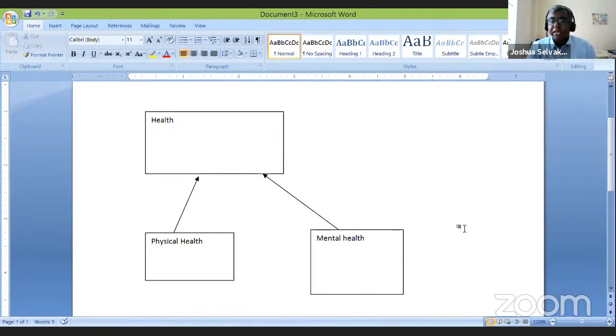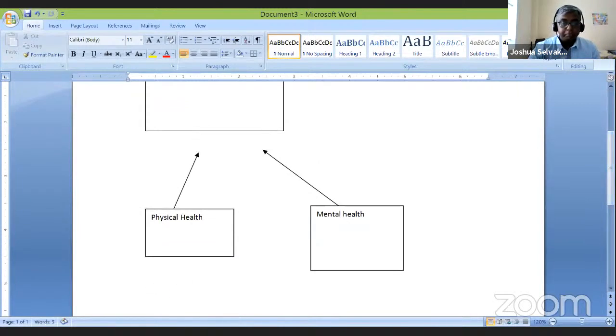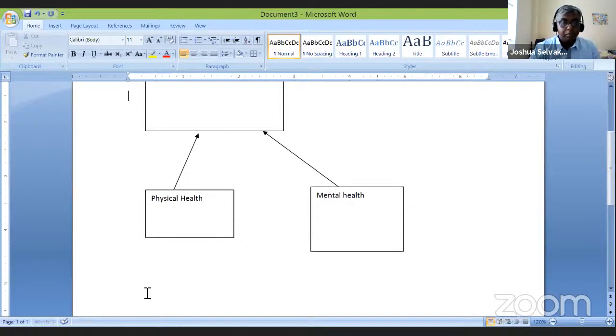Now, what is physical health? How can I understand physical health? What are the variables for me to understand physical health? So I'll put a lot of variables down here: V1, V2, V3, V4, like this.